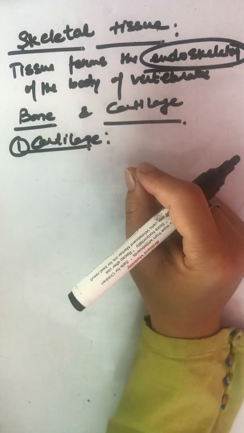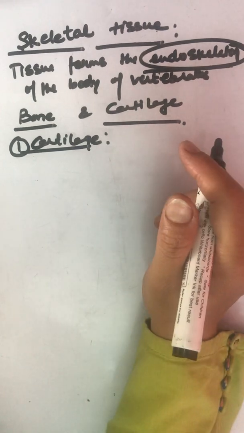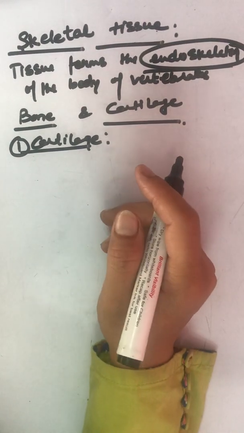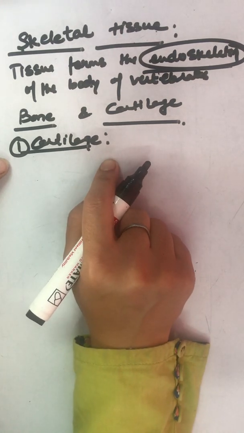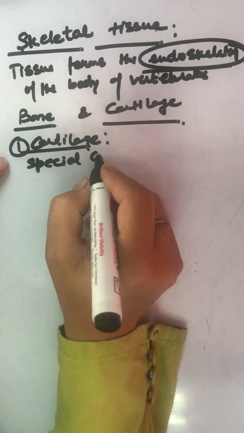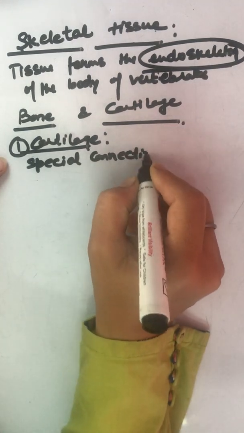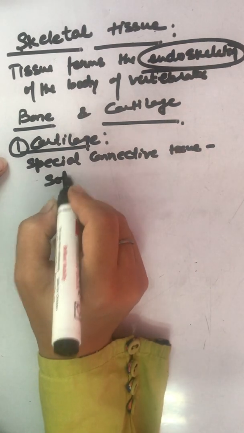You can easily fold the pinna with any movement, and it comes back to its natural shape. That is the cartilage. The tip of your nose has the cartilage. So it is a special connective tissue which forms the soft endoskeleton.